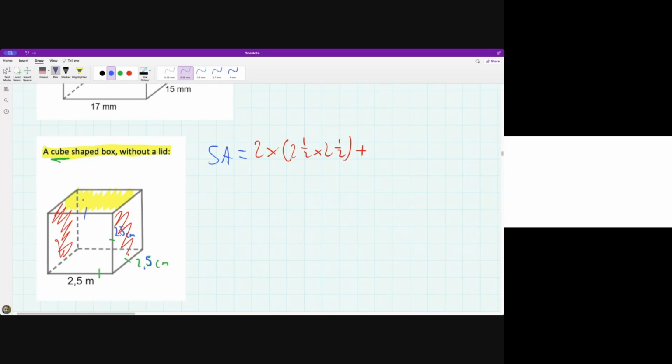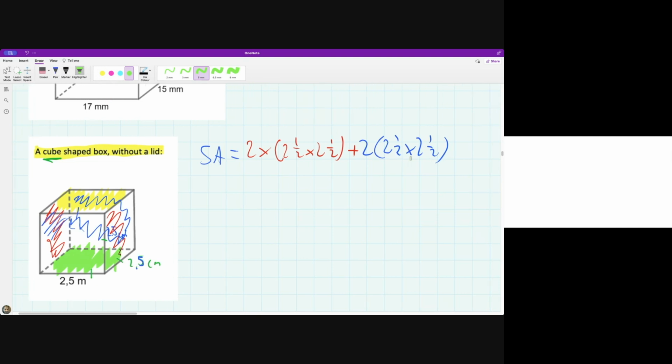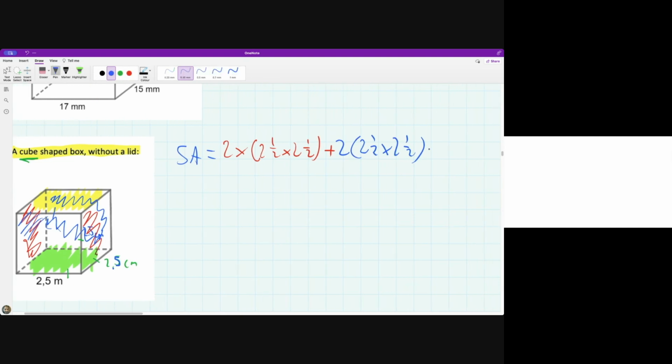Like this one in the back and its friend in front. So that's also going to be 2 times 2.5 times 2.5. But then the bottom isn't going to have a matching friend. The bottom is going to be all by itself, in which case we just go plus 2.5 times 2.5.